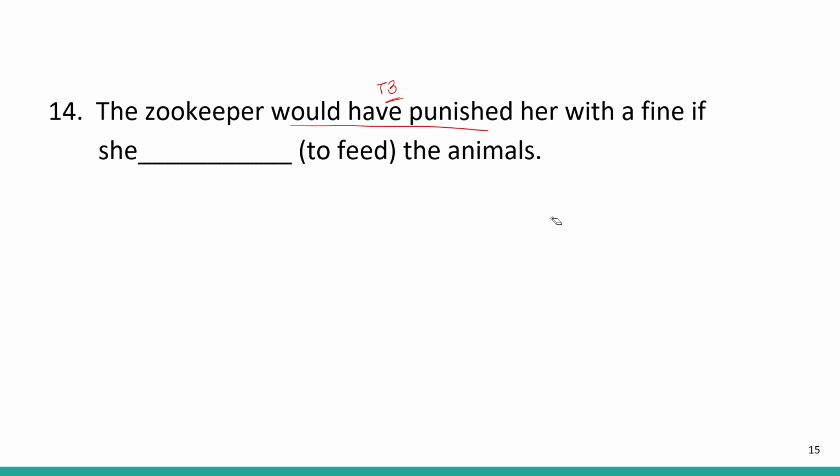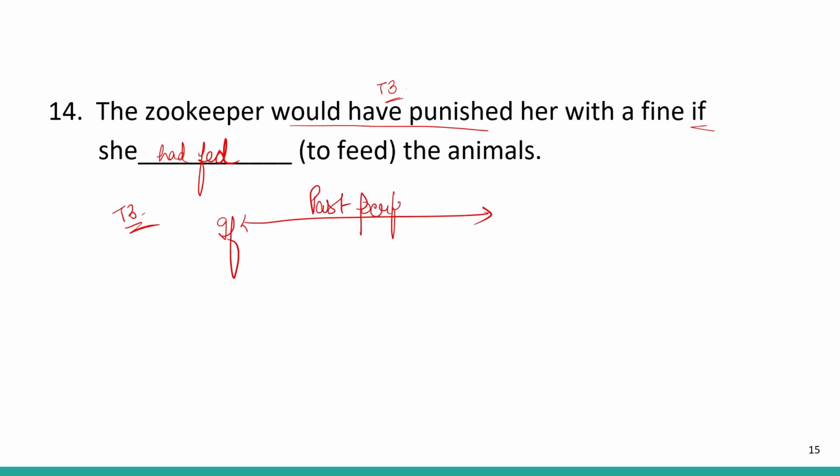Okay, this is conditional part. If she had fed the animals. Here this is type 3 condition. So just after if we need past perfect tense. Therefore, this will be subject plus verb third.